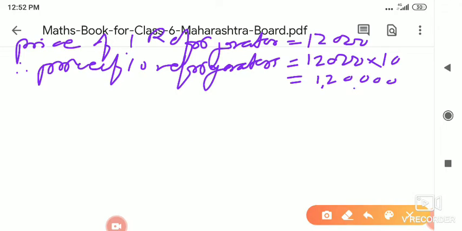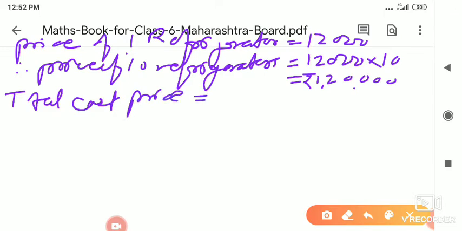Okay. Now the total CP, the total cost price, is 1,20,000, the price of 10 refrigerators, plus transport charges of 5,000 rupees.